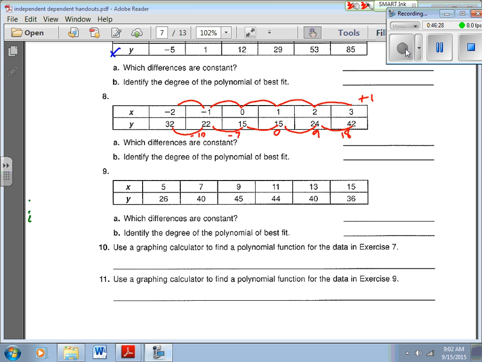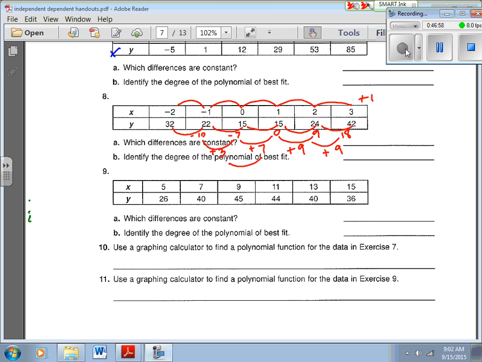Okay. What goes here? +3, right? And then +7, +9, and +11? All right, so now right there, that kind of throws me off because I get stuck right here.